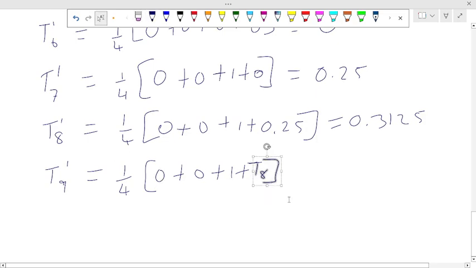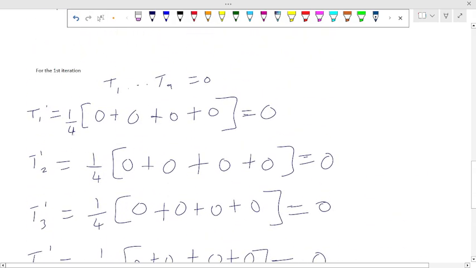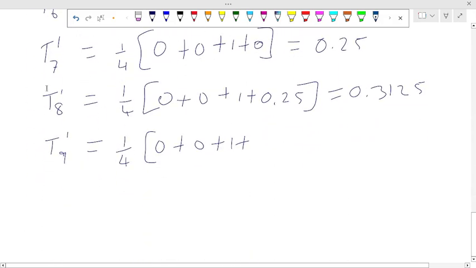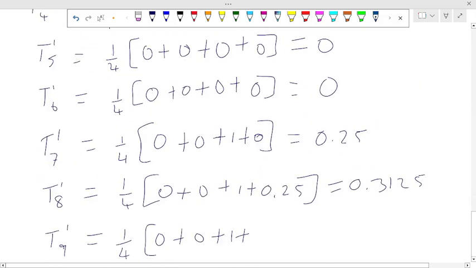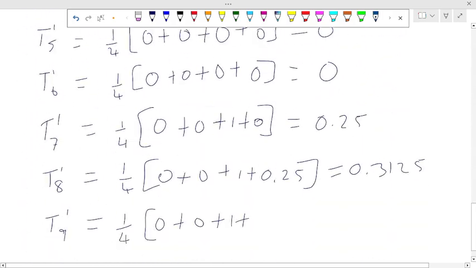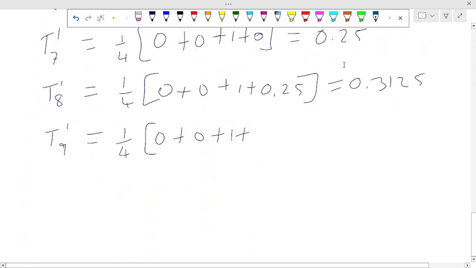T8, latest value. What is the latest value? You can see that we are not coming back to this to find T8, because this is no longer the latest. The latest we have now is this for T8. That's why I said this is something we have to bear in mind: the latest iterative value. So what is the latest now? The latest in town is this.